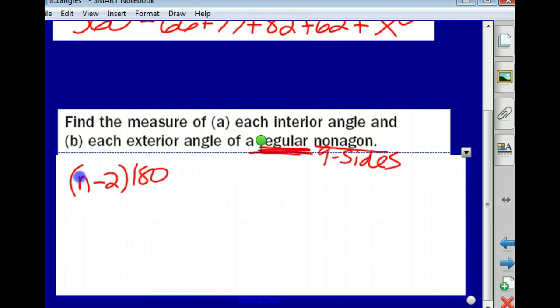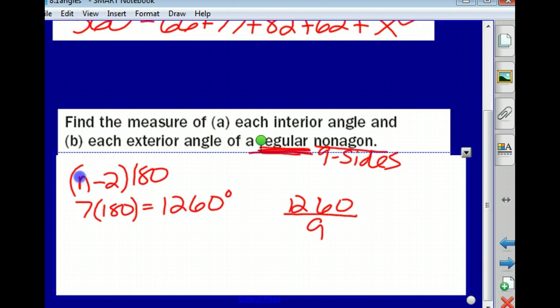So here 9 minus 2 times 180, which would be 7 times 180, which is equal to 1,260. Since each angle is going to be the same because it's a regular nonagon, I'm going to do 1,260 divided by 9. Why? Because there are 9 angles inside that polygon. That is going to be 140 degrees.